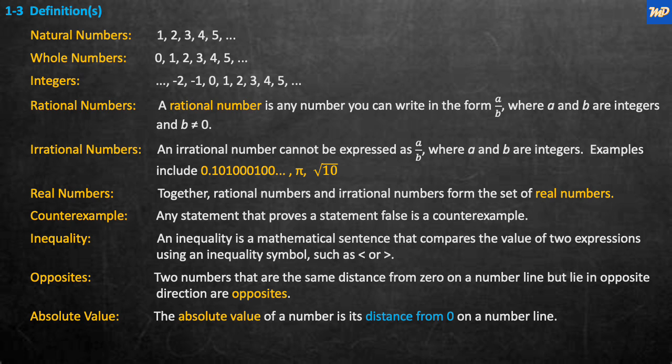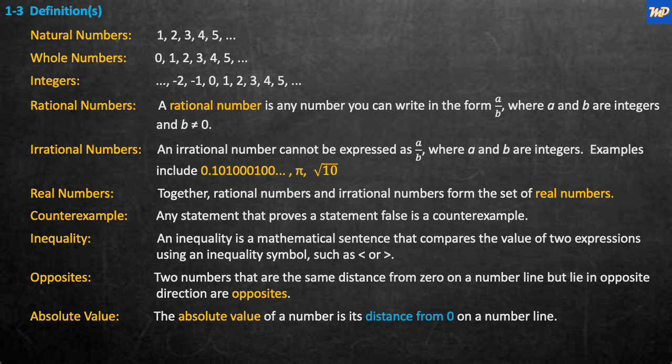Real numbers, on the other hand, together, rational numbers and irrational numbers form the set of all real numbers. So rational numbers, the ones that you could form from a divided by b, and all the irrational numbers, the ones that you cannot express by a divided by b, all of those together are what we call real numbers.